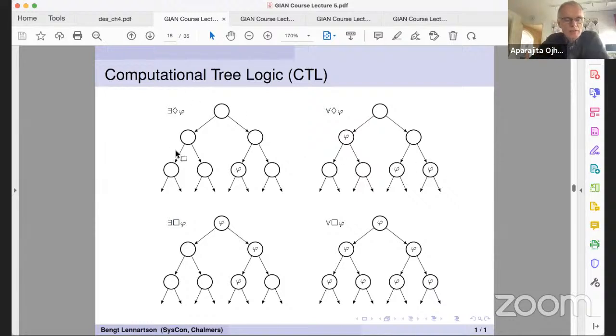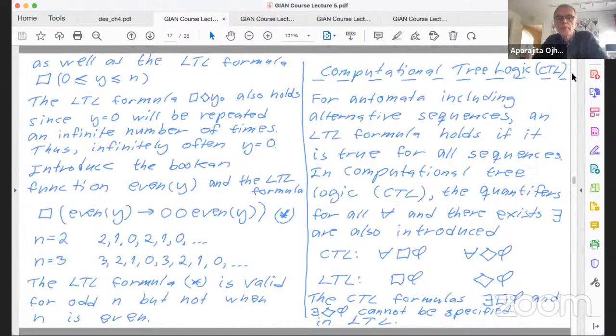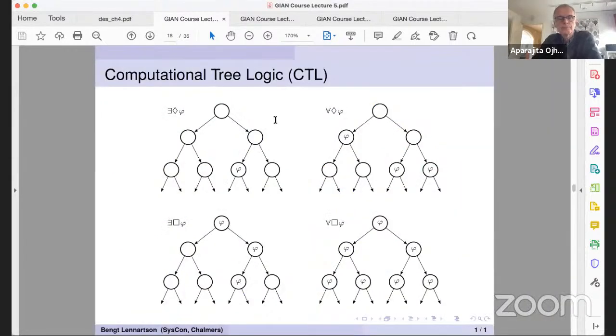While in this case, there exists only one trace. For all, I use the word sequences here. So here I have one sequence where eventually phi is true. So that means that there exists a sequence where eventually phi is true, while here, for all sequences, eventually phi is true.